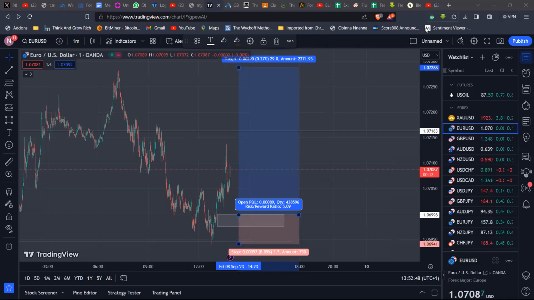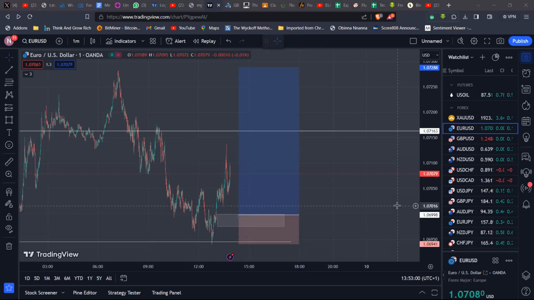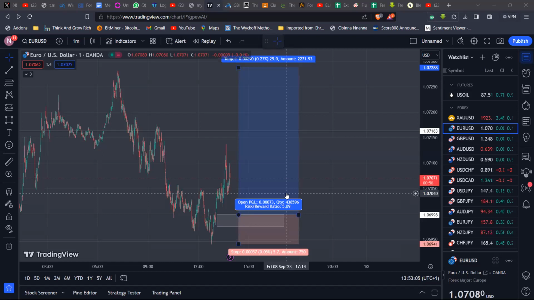So you can always use 0.01 or 0.02, and if you risk $10 and make 5R, that will be $50 on the account.